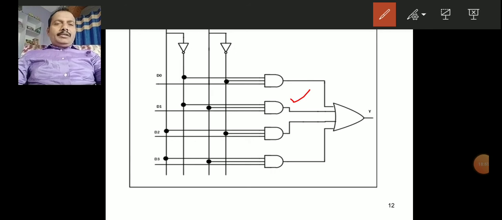D1 is connected to the second AND gate. For the D1 selection lines are S1 bar and S0.